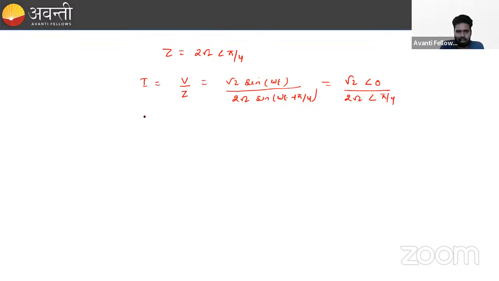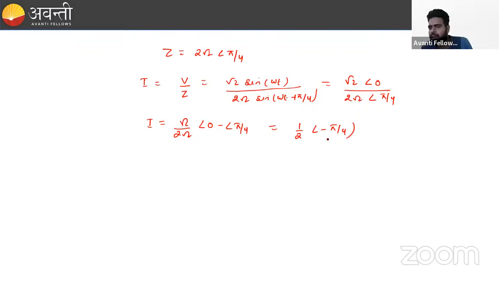The constant term we can handle very easily, root 2 upon 2 root 2, and the angles are divided. Similar to log a by b being log a minus log b, the angle becomes angle 0 minus angle pi by 4. So this can be written as 1 by 2 at minus pi by 4.